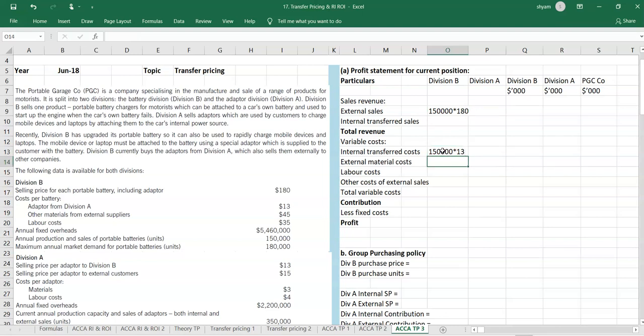Material cost is going to be 45. Labor cost is going to be 35. And other costs of external sales, that's not available for this department.